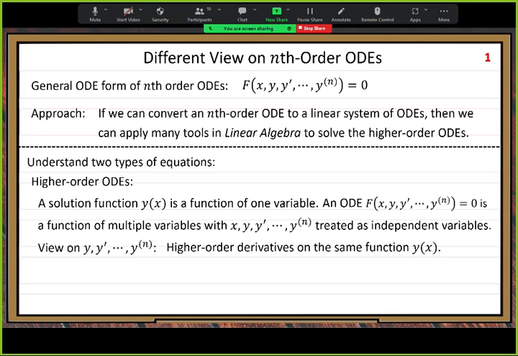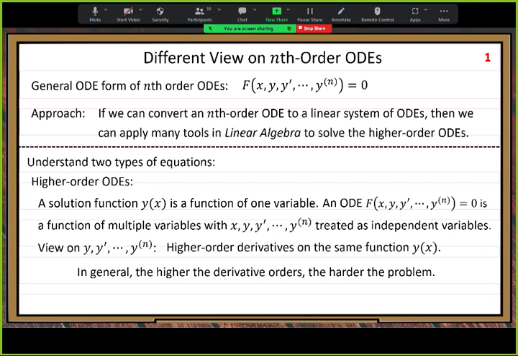These are higher order derivatives on the same function y. In general, the higher the derivative orders, the harder the problem.